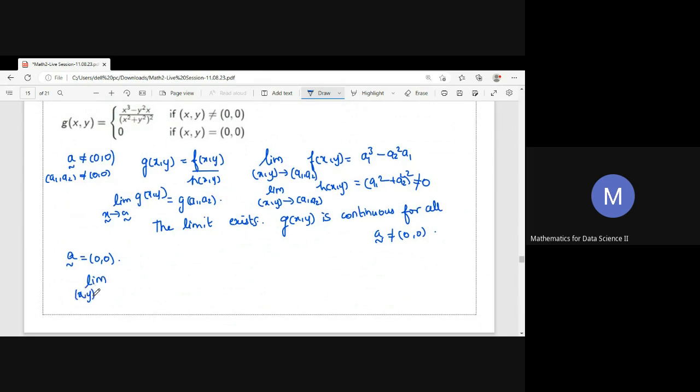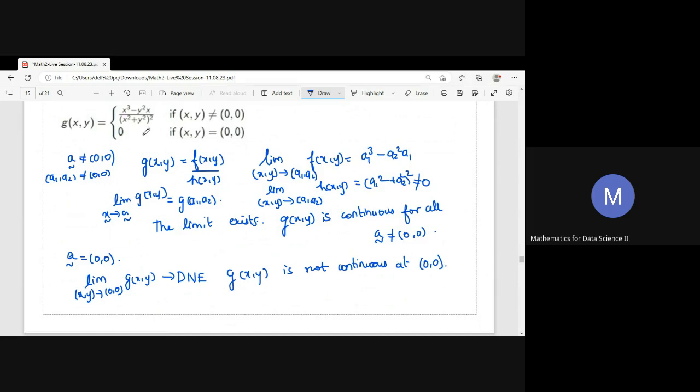As (x, y) goes to (0, 0), g of x comma y does not exist. It means your g of x comma y is not continuous at (0, 0).